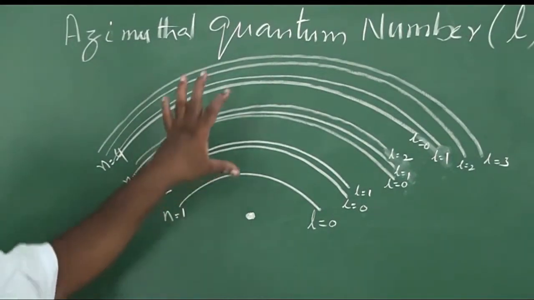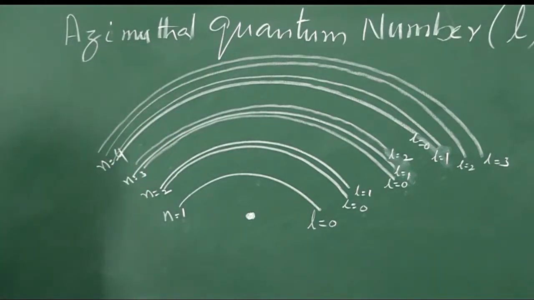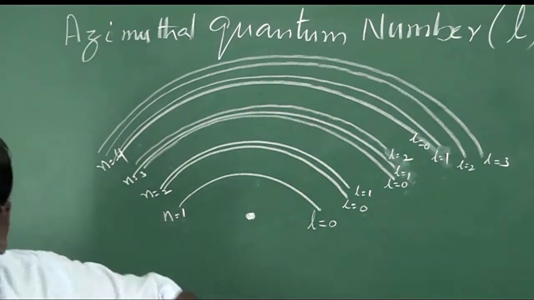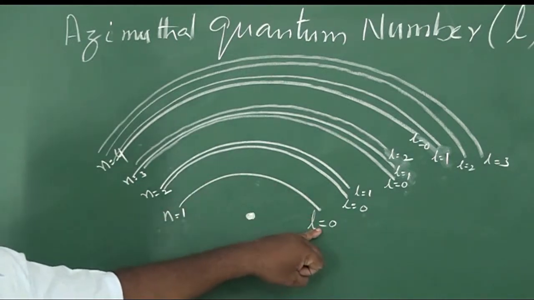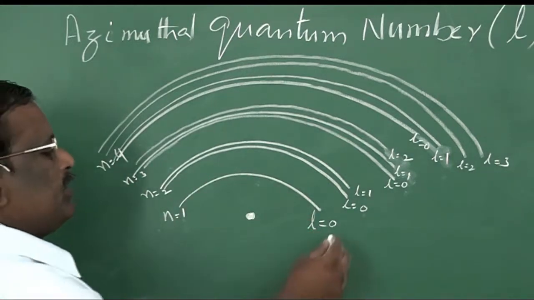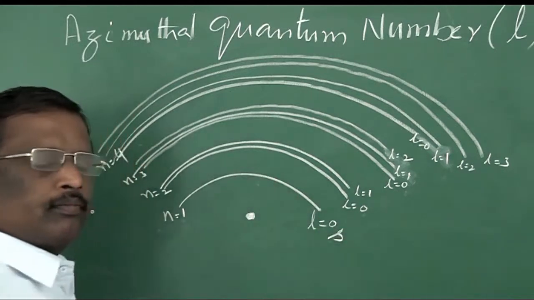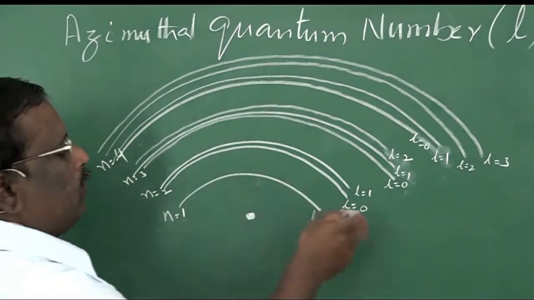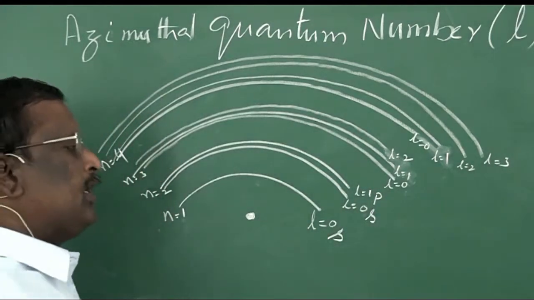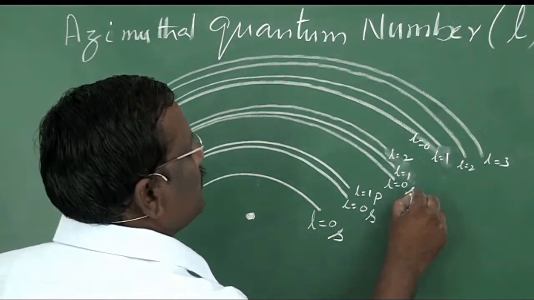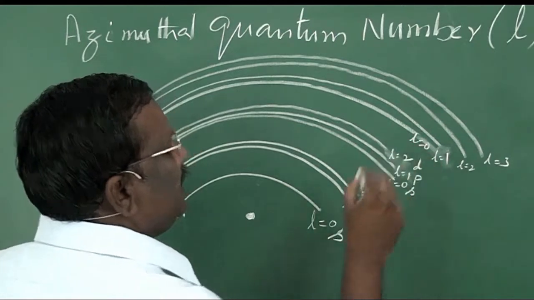So this azimuthal quantum number gives us the information regarding the sub-energy level to which the electron belongs. In the first energy level you have l is equal to 0, that is the s sub-energy level. In the second energy level you have two sub-energy levels, s and p. In the third energy level you have three sub-energy levels, s, p, d.